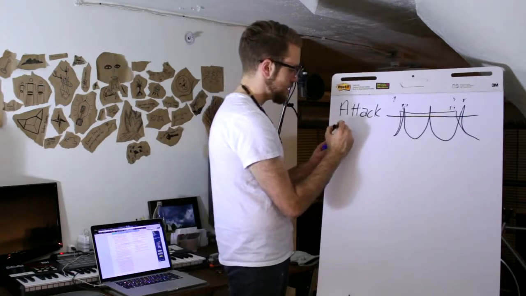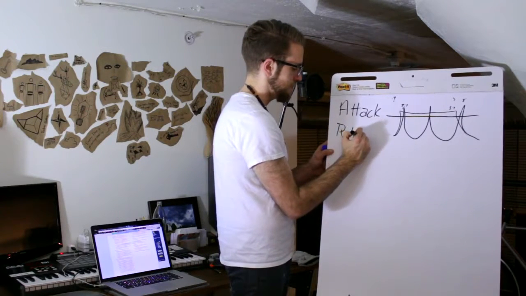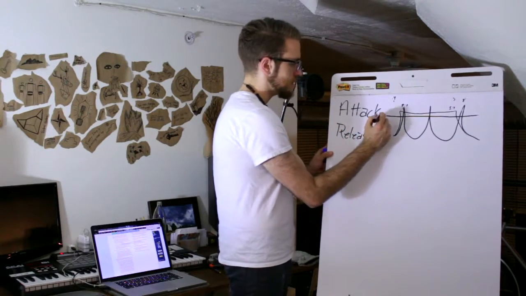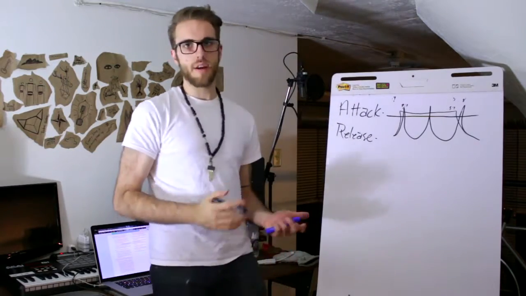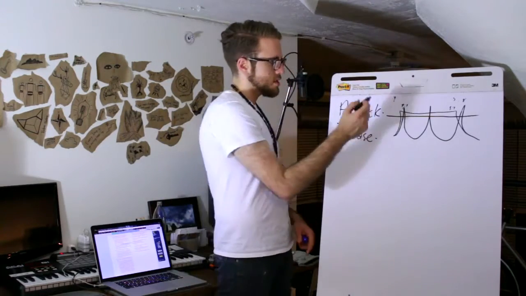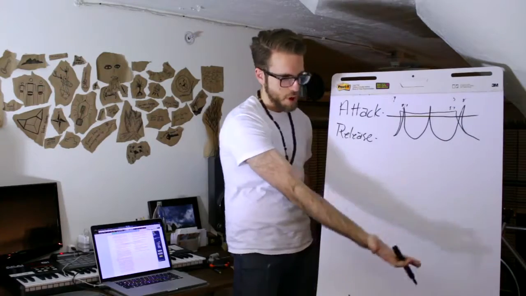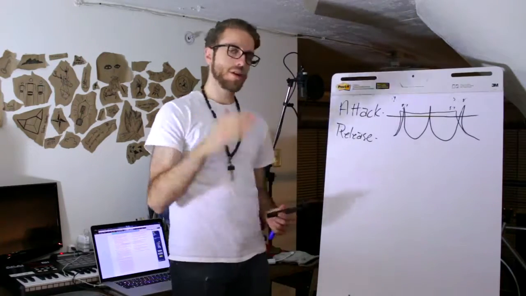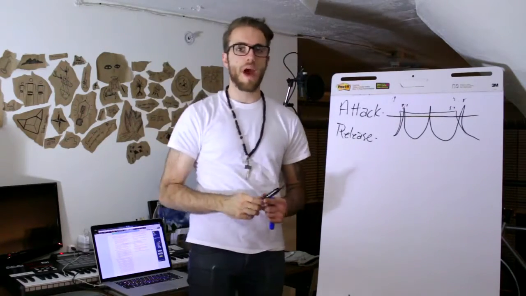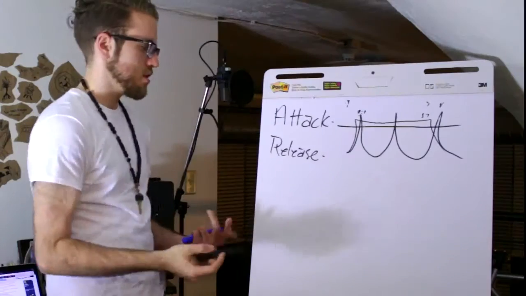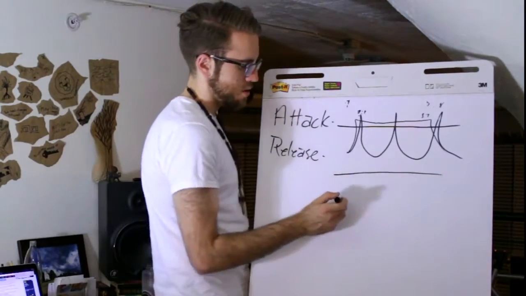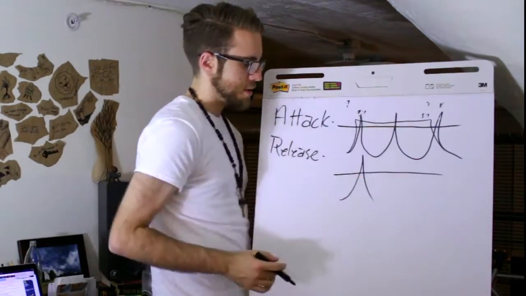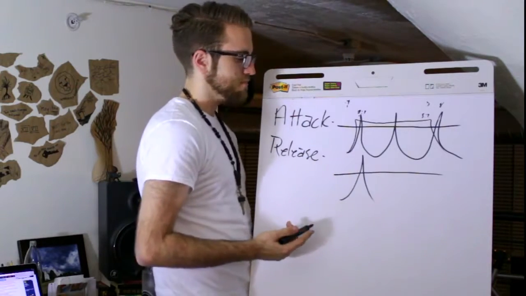Next up is release time. This is kind of like the other side of attack. So once that initial input has dropped below the threshold, release time is how long it takes your gain reduction to return back to 0. So same kind of thing. We have a threshold here. We have something that peaks and comes above it. Say this is a bass drum.